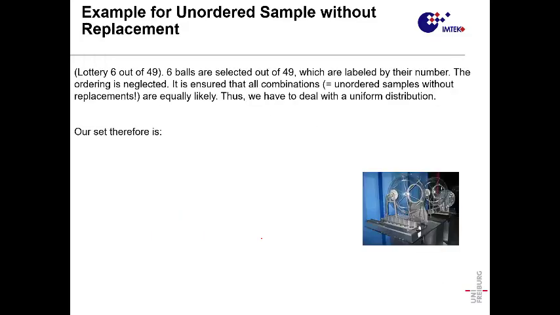Okay, so an example of this, and it's an example that we have seen before. I think everybody knows what a lottery is, or a lotto in Germany. Basically, you have a lady moving this big ball that has 49 unique balls, labeled with a number from 1 to 49. At some point, the gate will open and a ball will come out, and it's going to happen 6 times.